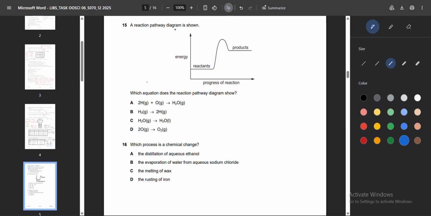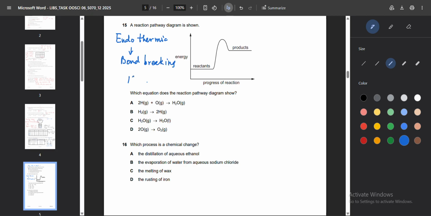A reaction pathway diagram is shown. Now this is showing which reaction, exo or endo? Yes, this is endothermic reaction. And what happens in endothermic reactions? Bond breaking takes place.